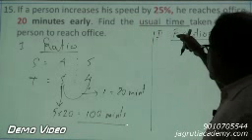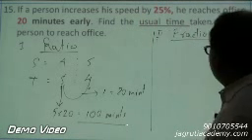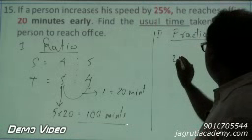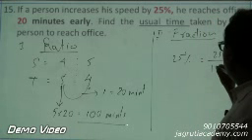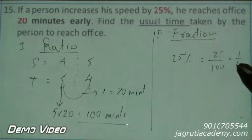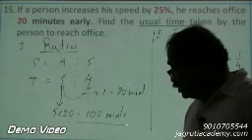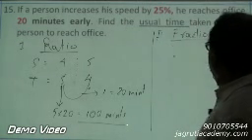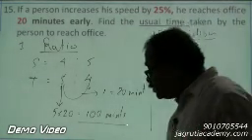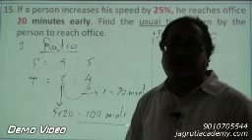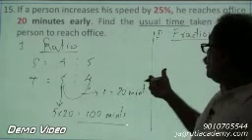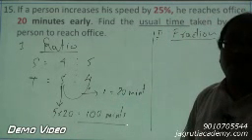That means 25 by 100, which is equal to 1 by 4. So 1/4 of the speed has increased. We know that the 25% fraction is 1 by 4, so you don't need to write the way I explained here.